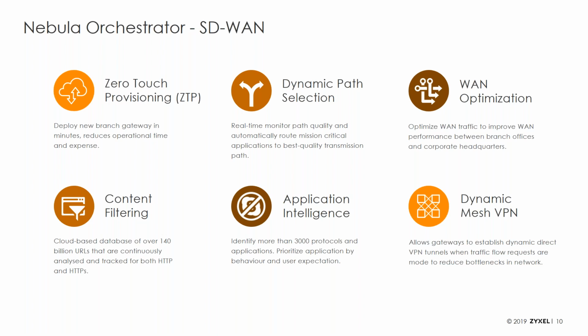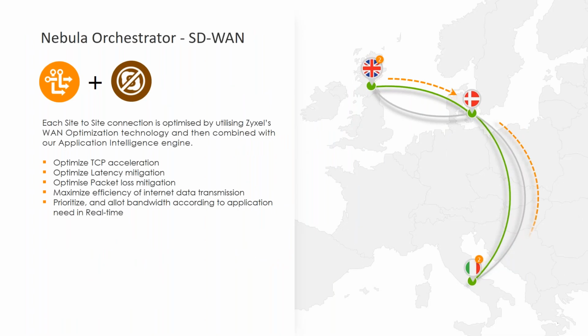And last but not least, we do dynamic mesh VPN. That means that if we want to have a temporary connection between two branch offices, we can establish that. I will show you in a bit how that works. So with these kinds of features and options, we can create a better VPN connection.